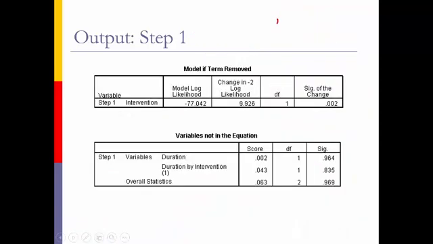All right, let's look at what happens if we were actually to remove intervention. Logistic regression puts the variable in, and then they go ahead and remove the variable. So all we look at is 0.002, and that tells us removing the predictor has a significant impact. So if we remove it, it has a significant impact, which means we don't want to remove it.